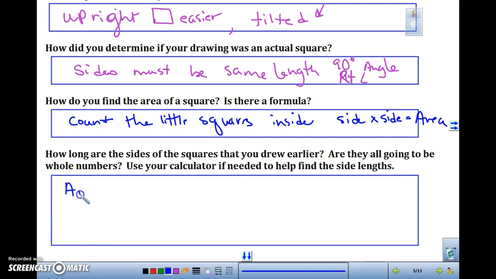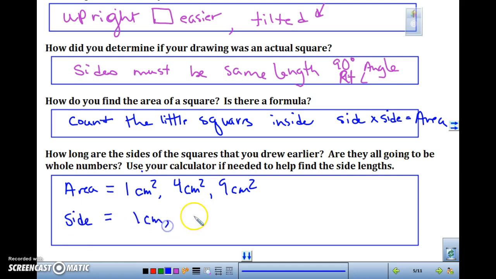Remember, what was the area of our first one? The area of the first one was equal to 1 centimeter squared. I had 1 centimeter squared, I had 4 centimeters squared, and I had 9 centimeters squared. With those areas, the side was 1 centimeter, 2 centimeters, 3 centimeters.